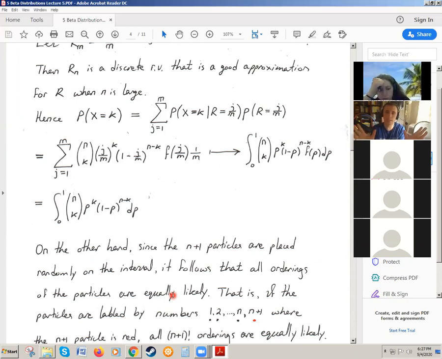Because if it's random, there is no preference for any particular order. So I'm equally likely to see 1, 2, all the way to n plus 1 as I am any other permutation of those numbers, if I read from left to right. If that's the case, what's the probability that there are exactly k black particles to the left of the red particle?